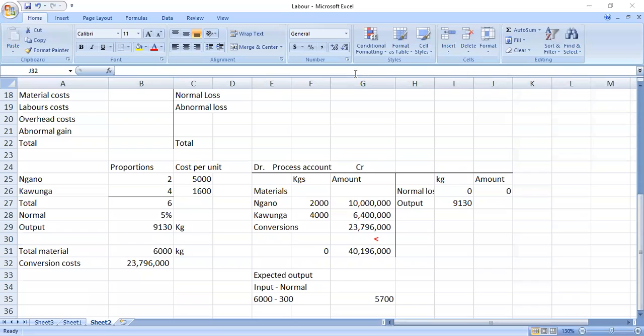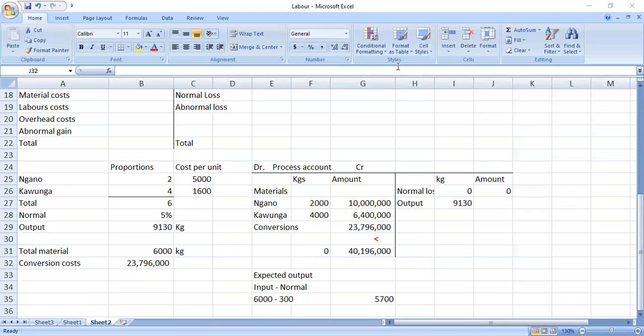How did we get the normal loss? Someone has also answered you. It is 5%. Normal loss is 5% of 6,000. Good enough, some people were around and they are responding to your queries.